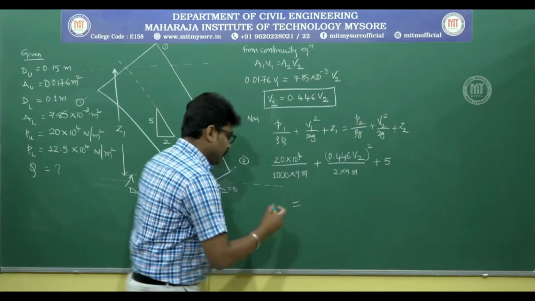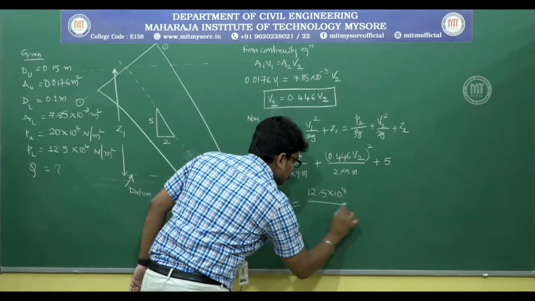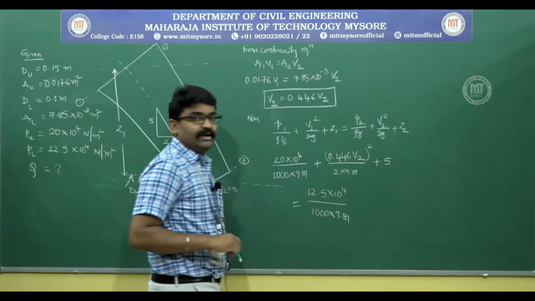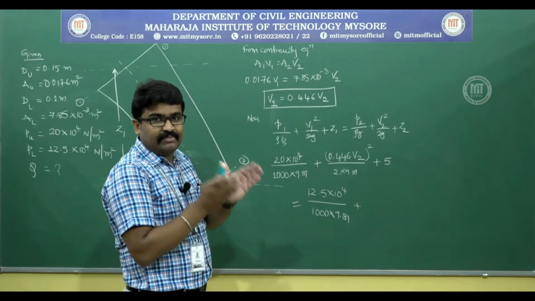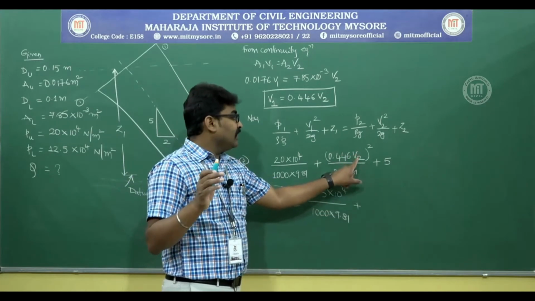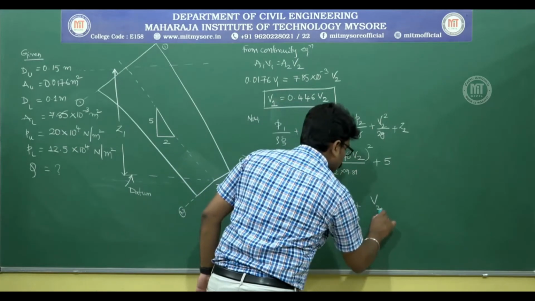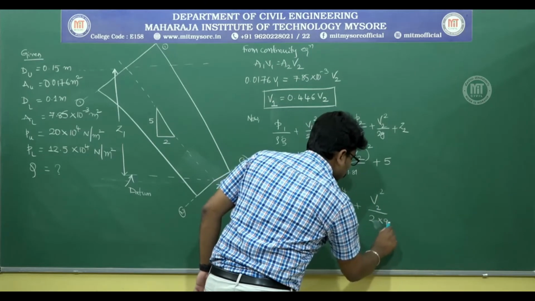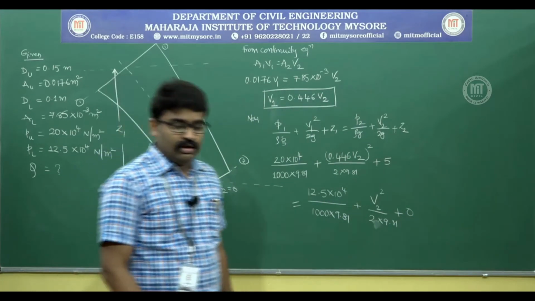What is P2? P2 is 12.5 into 10 power 4 divided by 1000 into 9.81 plus V2. I will retain V2 as it is because I have kept V1 in terms of V2. I will not again confuse here. Here also you have V2, so I will retain on the right hand side V2 square by 2g. 2g is 2 into 9.81 plus 0 because Z2 is equal to 0.